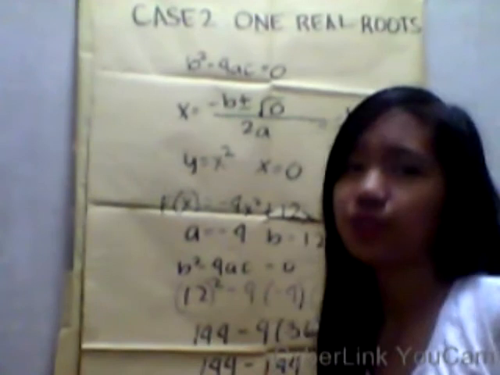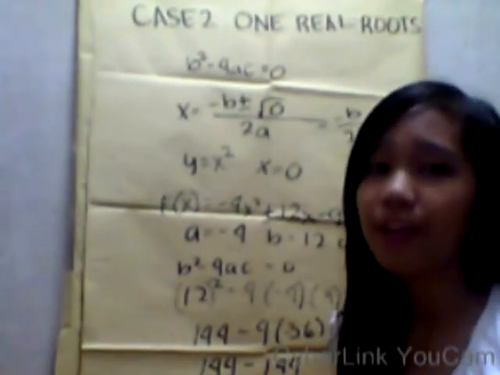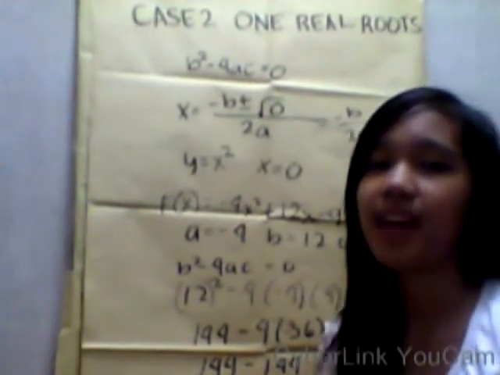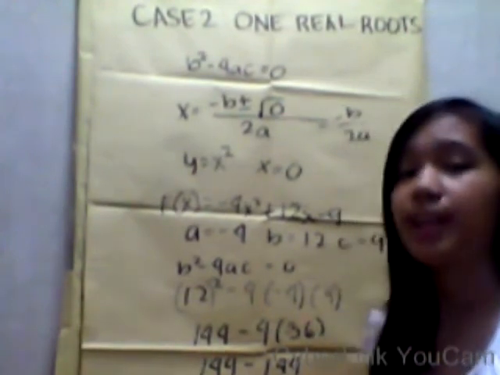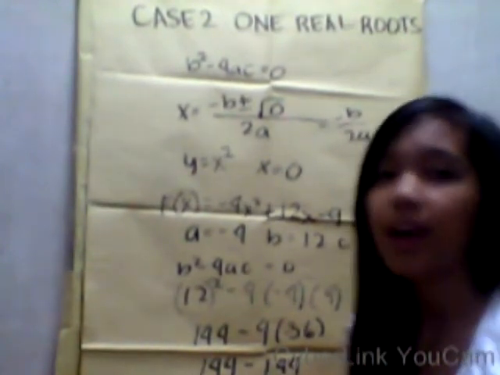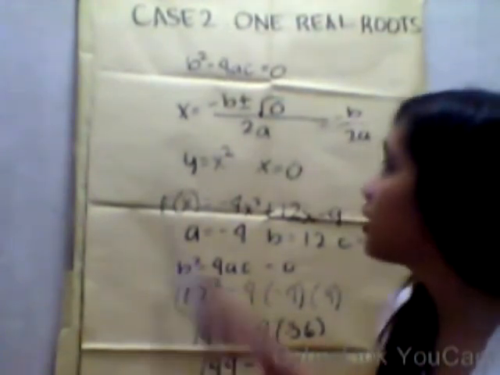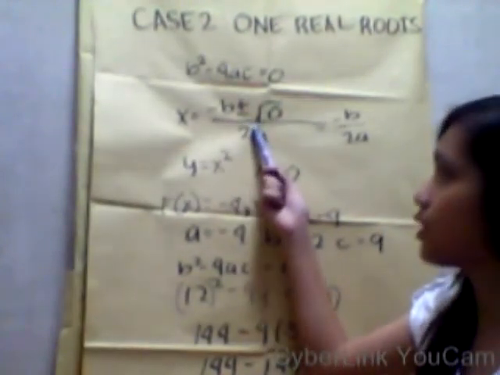Case number 2, one real root. If the discriminant of a quadratic function is equal to 0, that function has exactly one real root and touches the x-axis at a single point. To see this, we set b squared minus 4ac equal to 0 in the quadratic formula to get x is equal to negative b plus or minus the square root of 0 over 2a, which is equal to negative b over 2a.